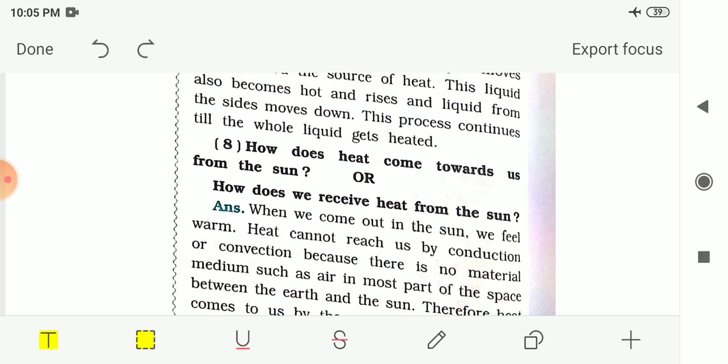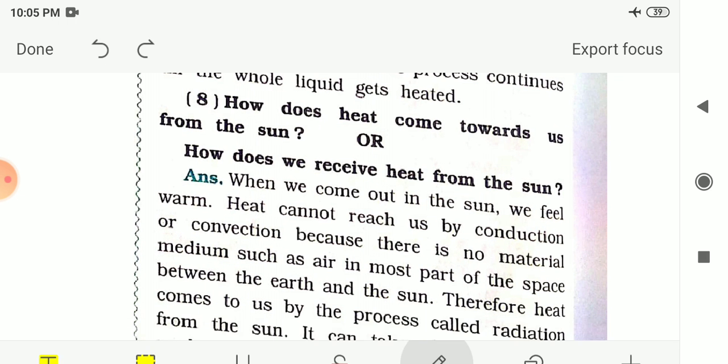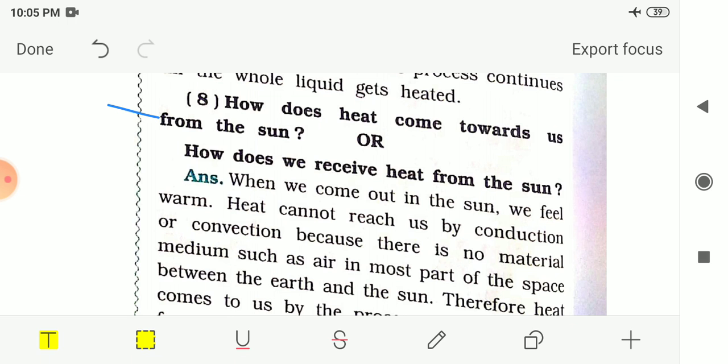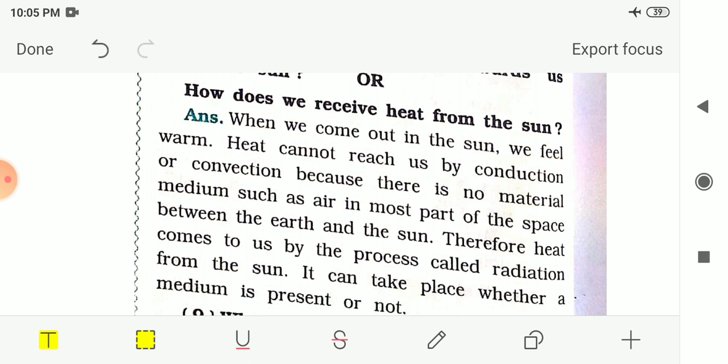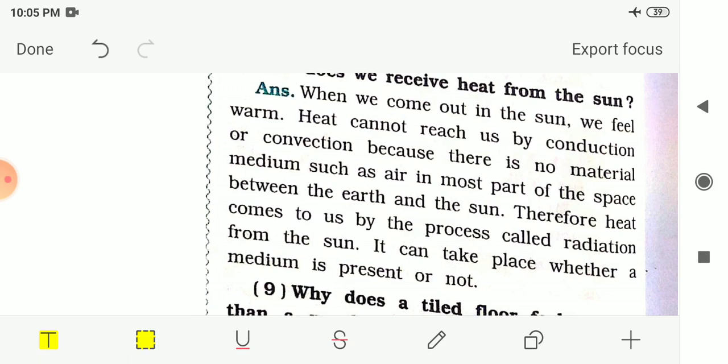Now the next question, number 8: how does heat come towards us from the sun, or how do we receive heat from the sun? Or you can say the third way of transfer of heat, that is radiation. So how does this occur? When we come out in the sun, we feel warm.